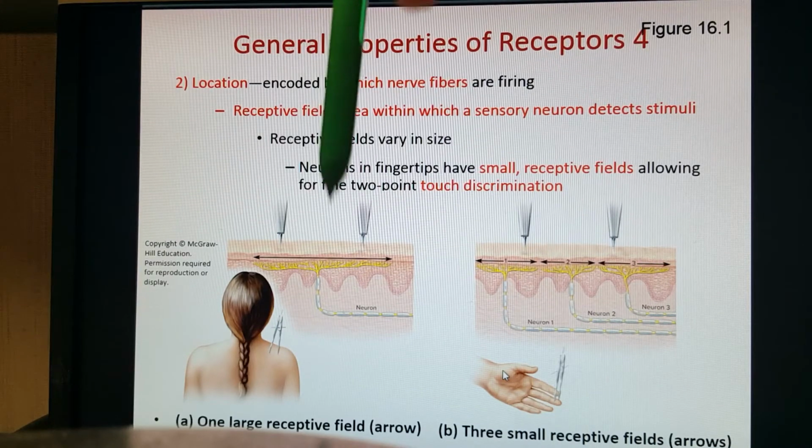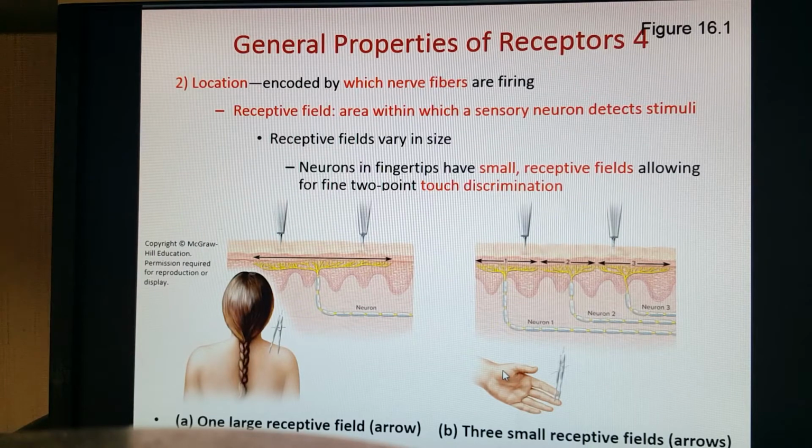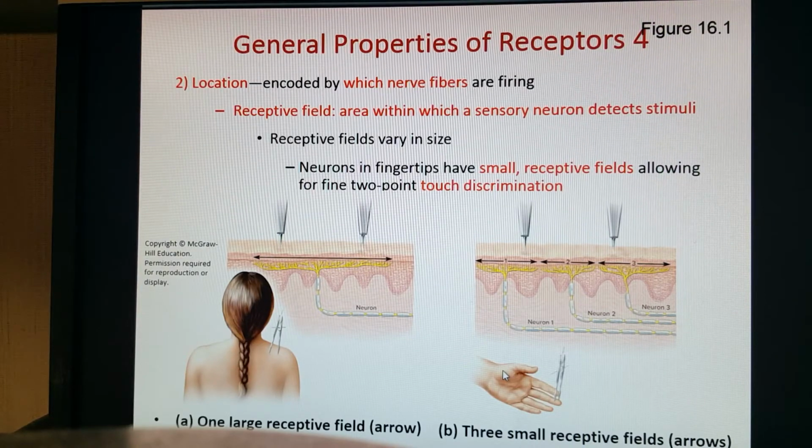So here, all the information is getting sent onto one neuron, so it gives general information, hey, they're both coming from this area. Here, you're able to locate more specifically where those little pinpricks are coming from. So smaller receptor field, therefore having a finer detail on that sensory information.